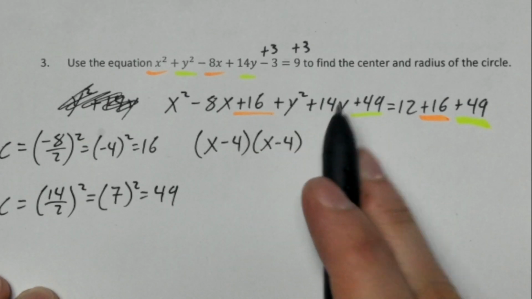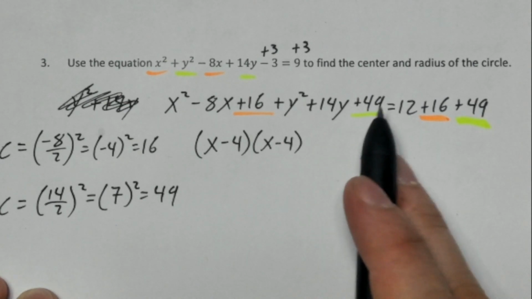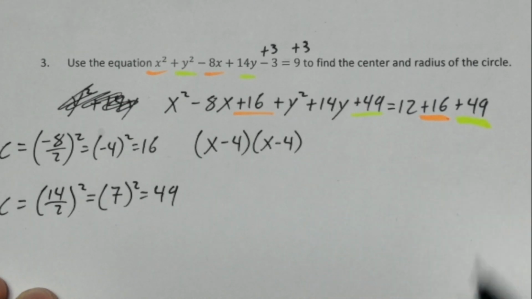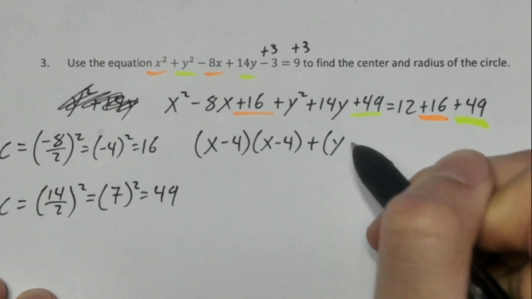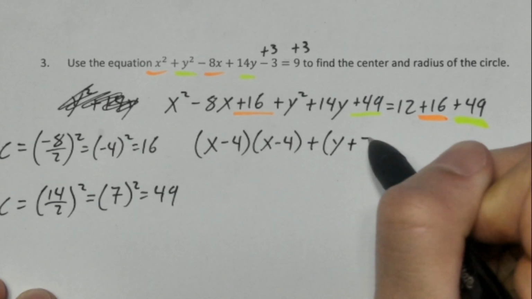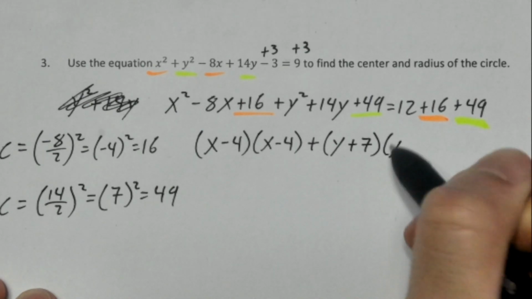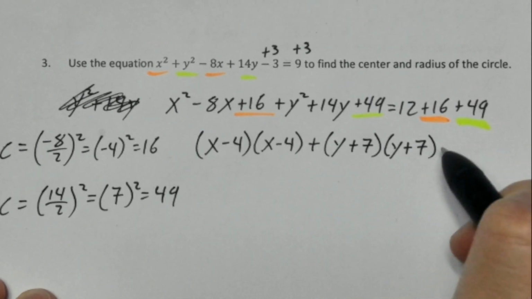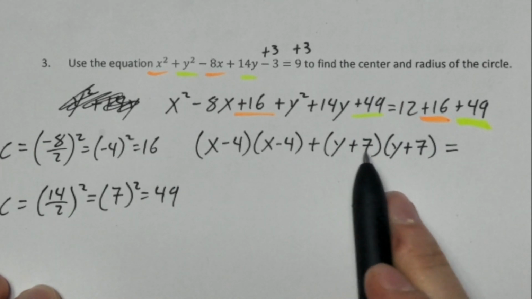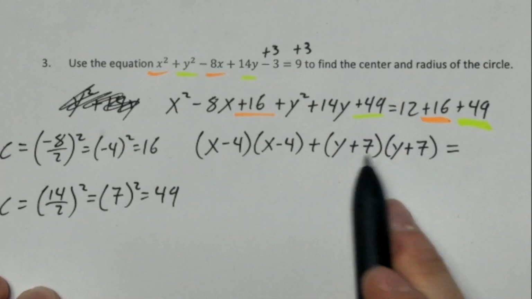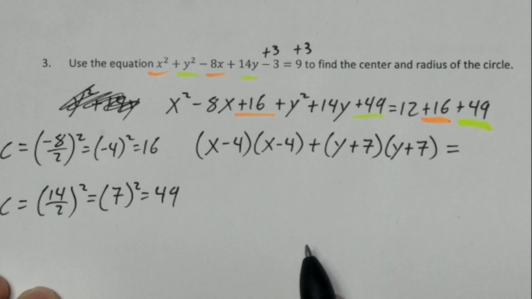Okay, two numbers that multiply to 49 and add up to 14. That'll be plus 7, plus 7. Again, 7 times 7 is 49. 7 plus 7 is 14.